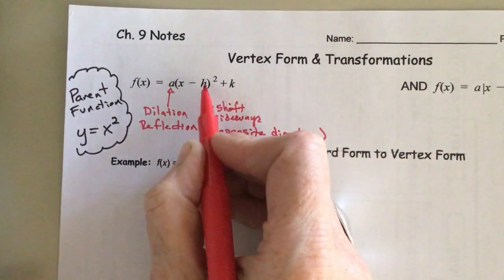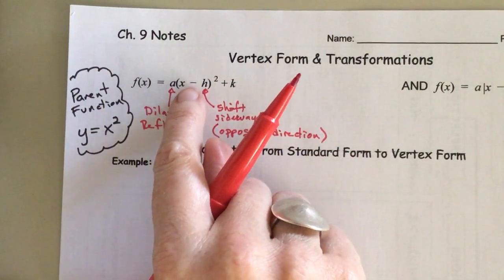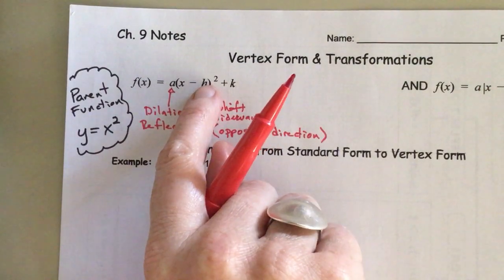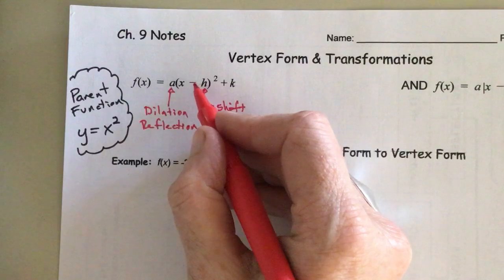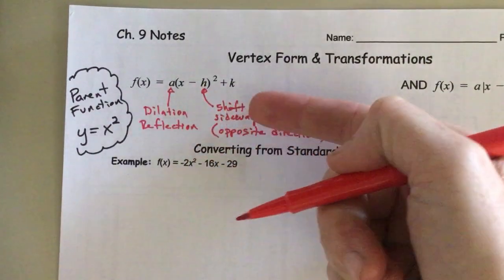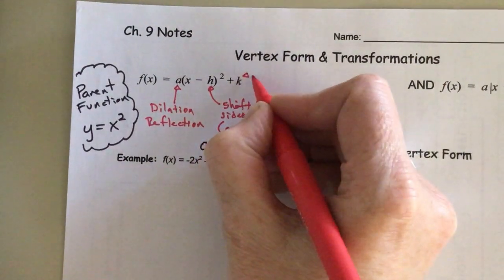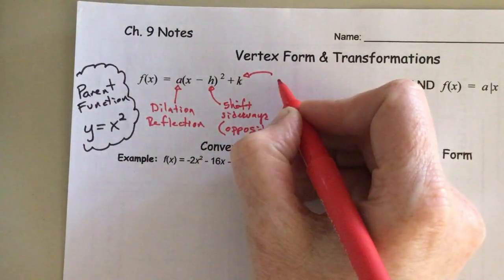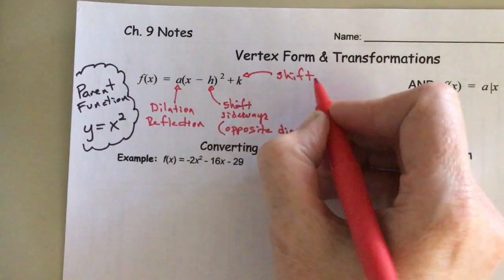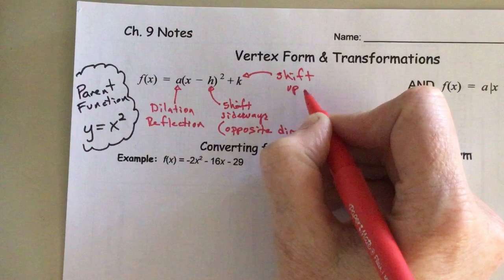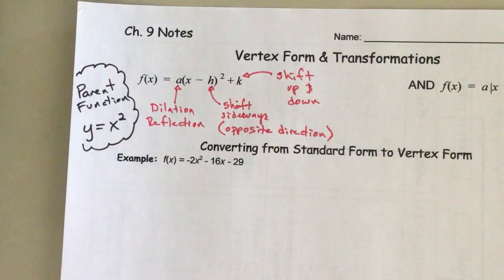So this minus h means if you had, say, -3, you would shift the parabola in the positive direction 3 values. If it said +3, you would shift it in the negative direction 3 values. The k at the very end is a vertical shift, up and down. That's an easy one to see.